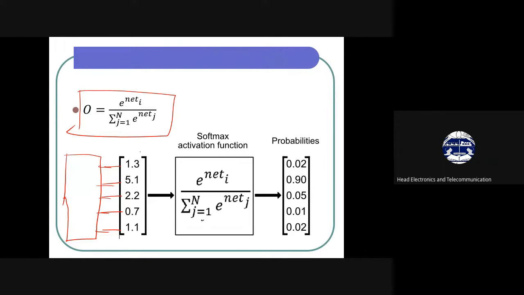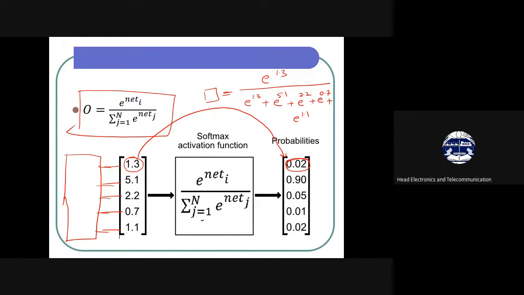Now I want these to be represented in the form of probabilities. So I take this value 1.3, so it is e to the power 1.3 divided by e to the power 1.3 plus e to the power 5.1 plus e to the power 2.2 plus e to the power 0.7 plus e to the power 1.1. Okay, so whatever number appears here will be entered here.